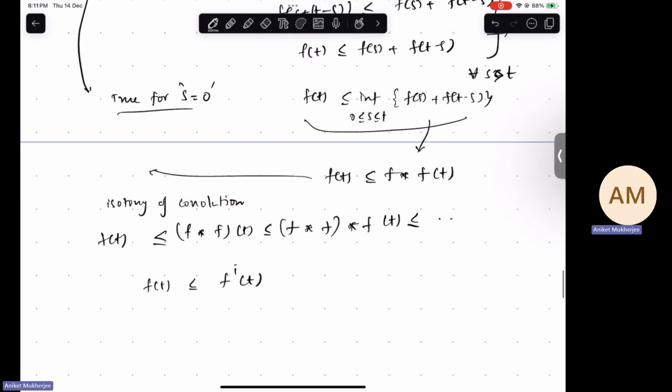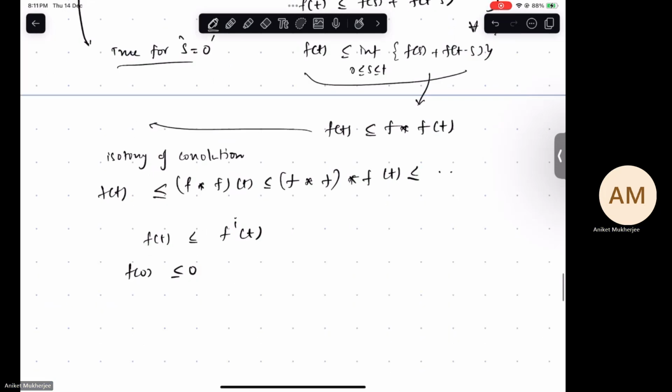Okay. So we are given that f of 0 is less than or equal to 0. When f of 0 is less than or equal to 0, then f is less than or equal to e, because e is 0 at 0 and elsewhere it is plus infinity.